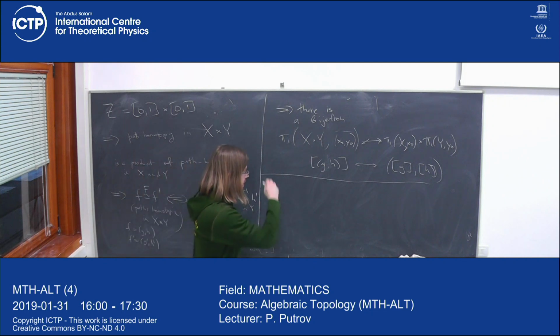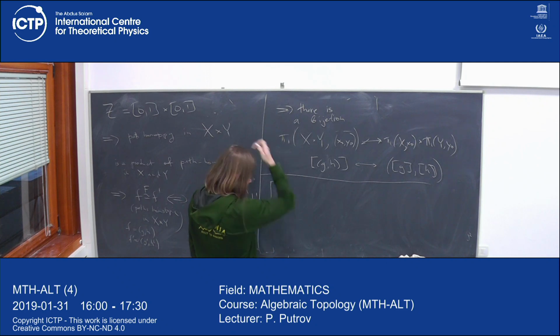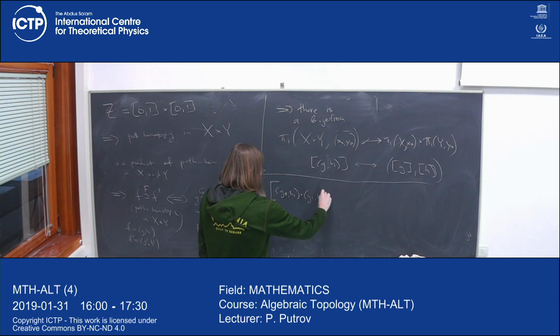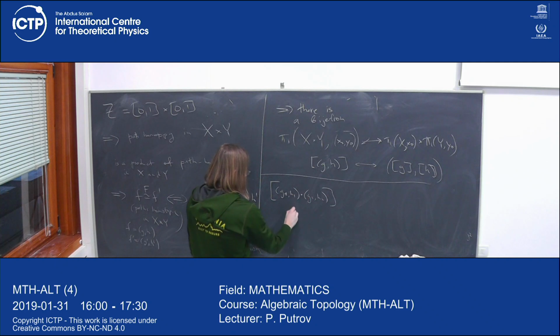So we want to show that this respects the multiplication of elements in the group. The multiplication is realized by concatenation of paths, so this is by definition the product.